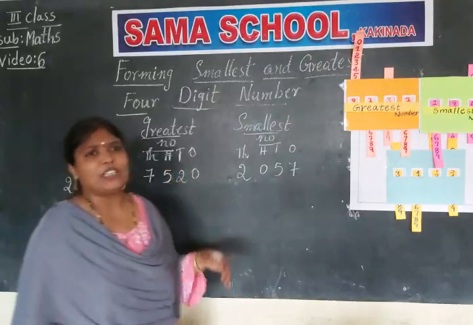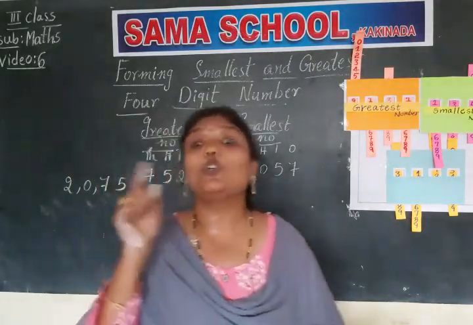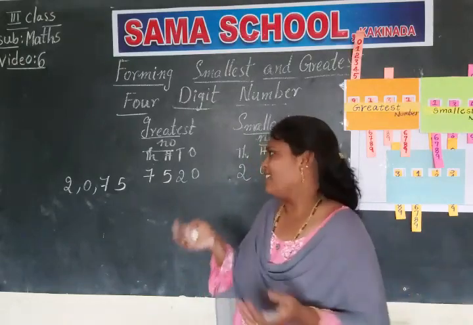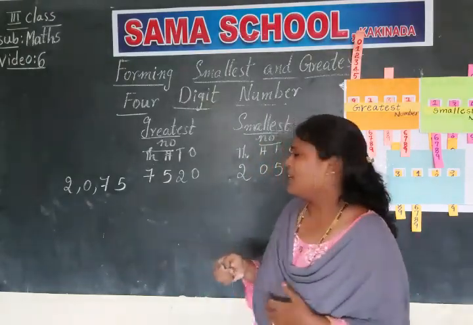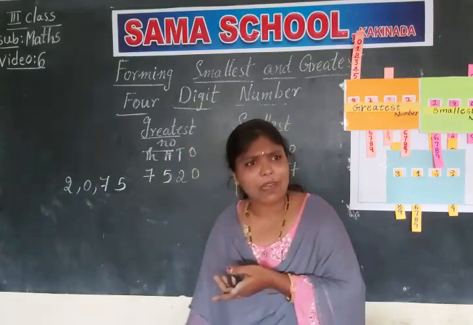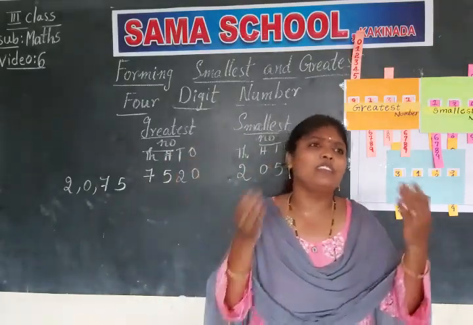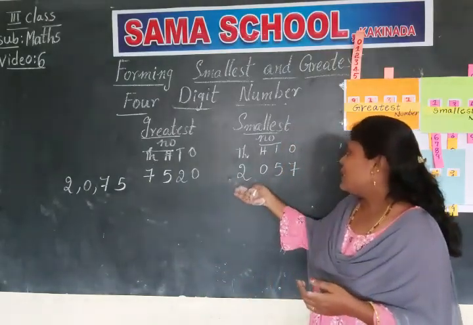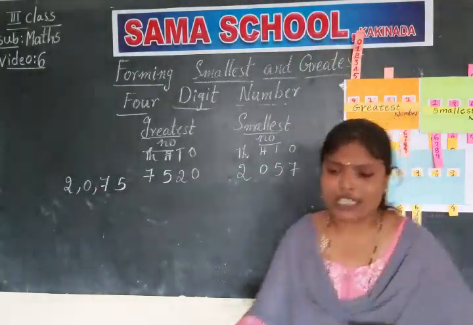Okay, we have written. Now, if there are 2 zeros, then what do we have to do? Nothing, it's not difficult. You have to keep 0 in hundreds place and tens place. Then you have to write the smallest number.